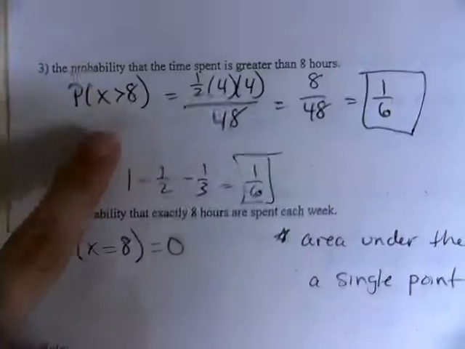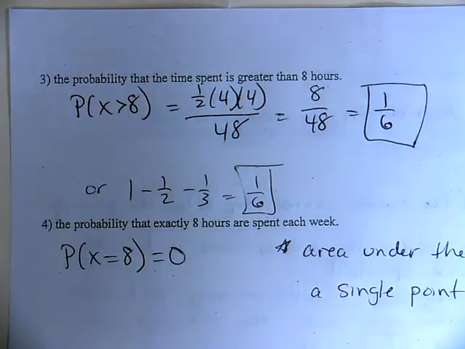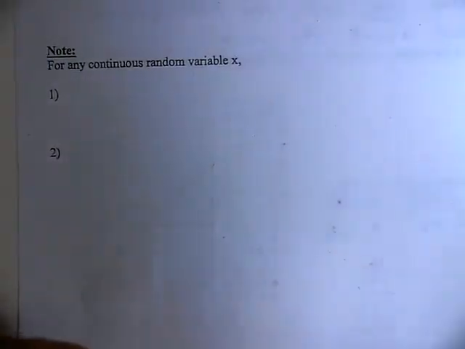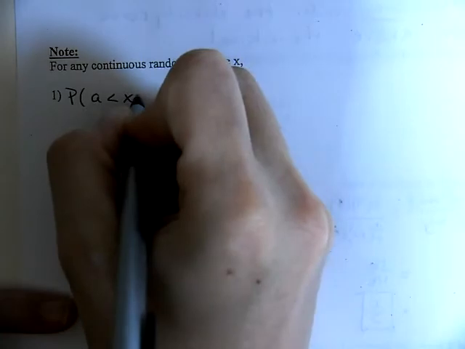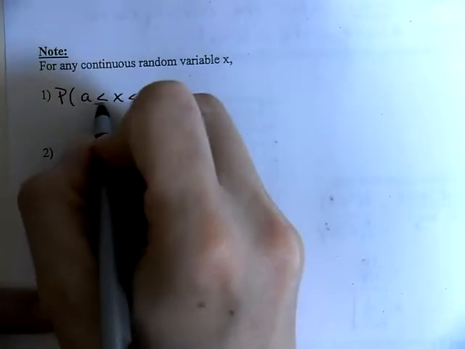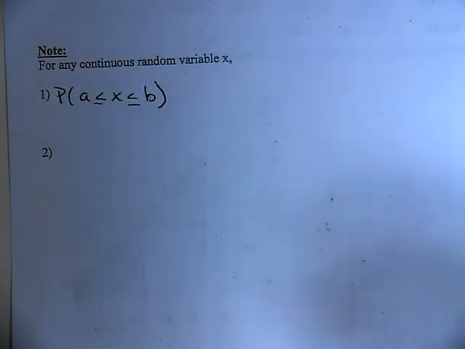Now, usually at some point the students ask me, is this greater than 8 or greater than or equal to 8? Does it really matter? It does matter if it's discrete, but in a continuous function, it doesn't matter. The probability A is less than X, which is less than B, is the same as if one of them was equal to and one of them was not.